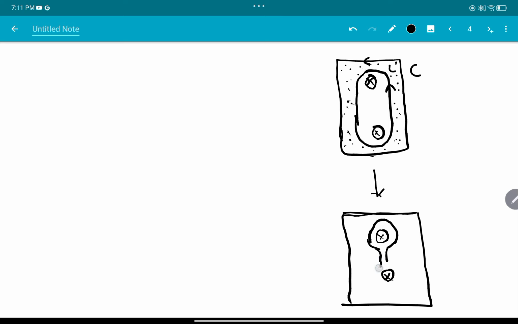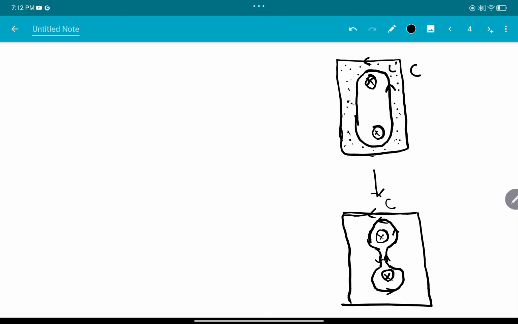Then I go here and enclose this by a circle. So two circles, anti-clockwise. Let this be this path, with different sections.